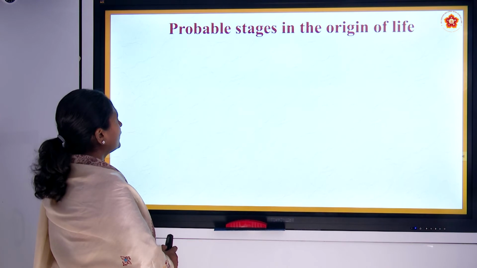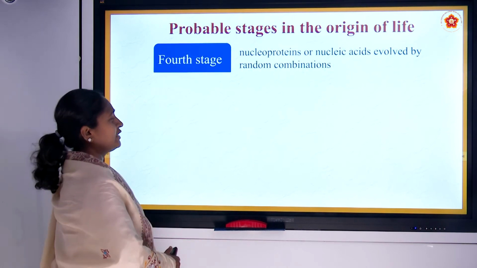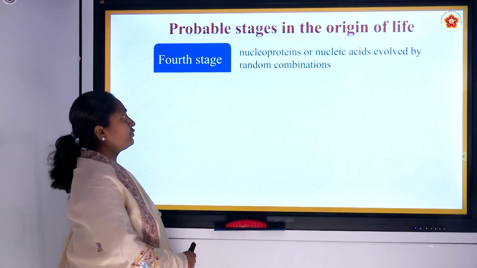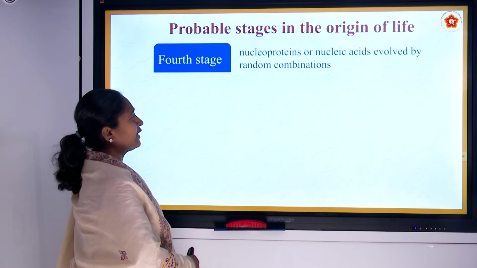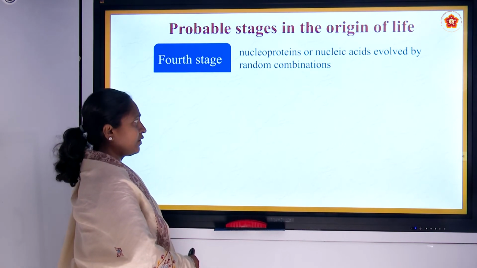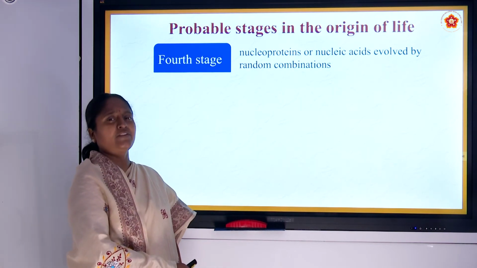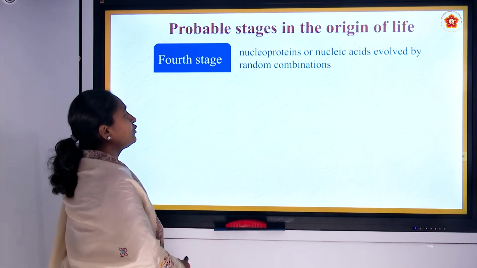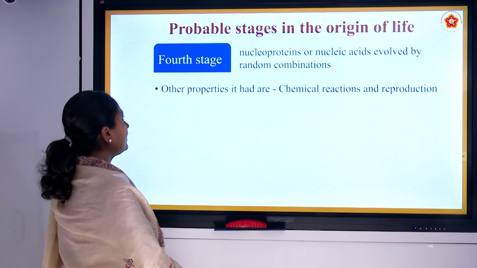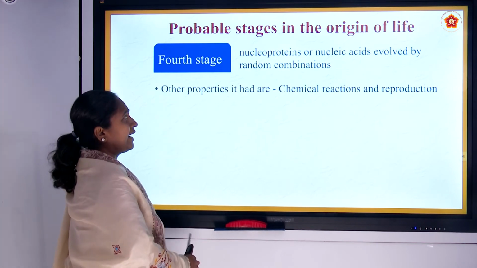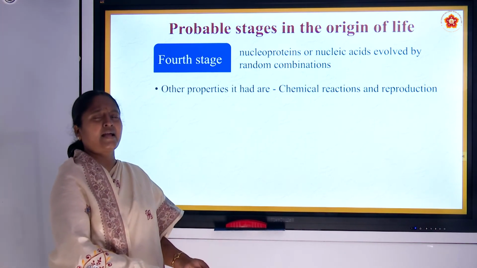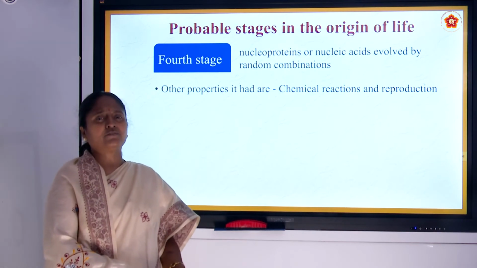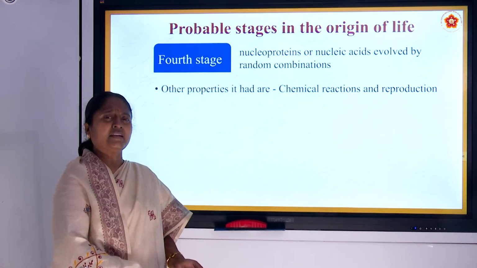Then we will move further towards the fourth stage of organic evolution, in which the nucleoproteins or the nucleic acids have evolved by random combination. We have seen ribozymes before, now the nucleoproteins and nucleic acids have evolved. It had genetic property, right? It has to transfer the genetic information, so it is like a genetic material.